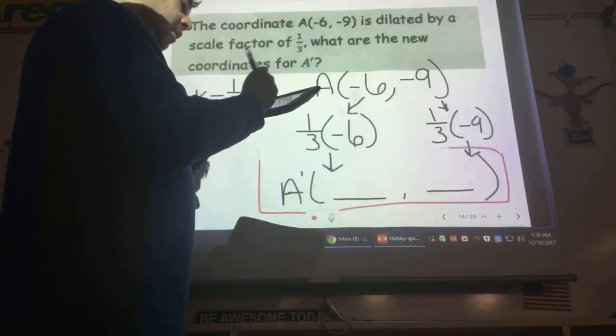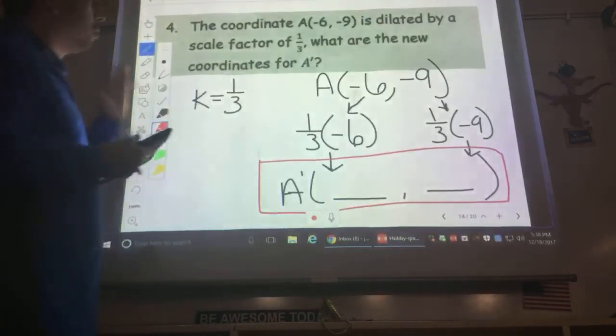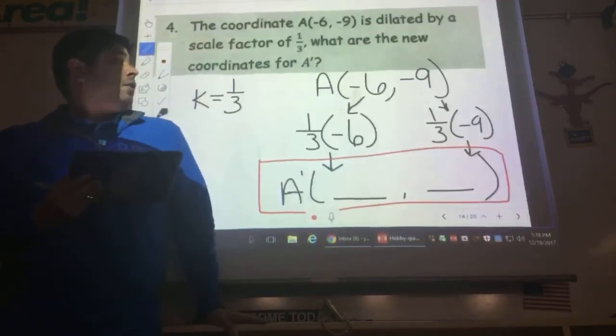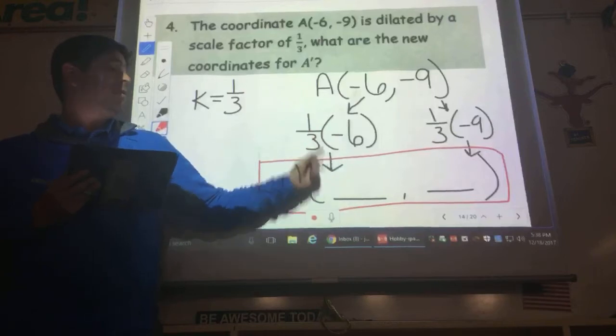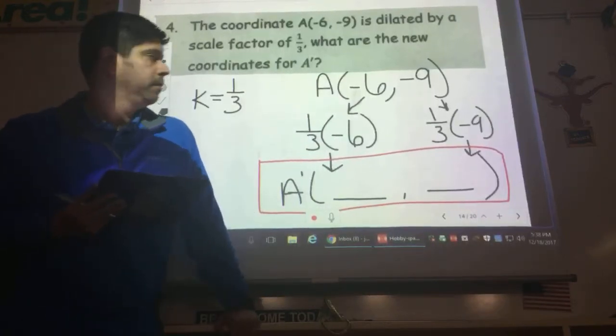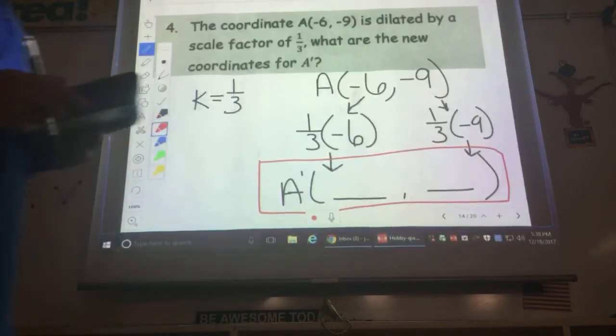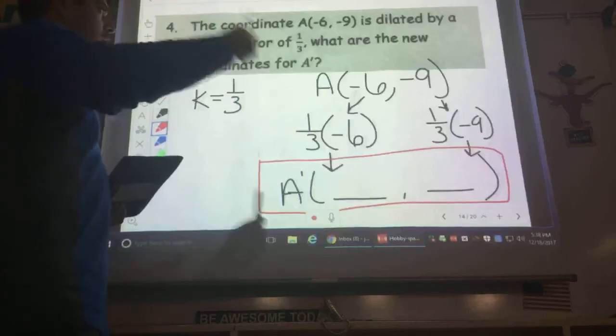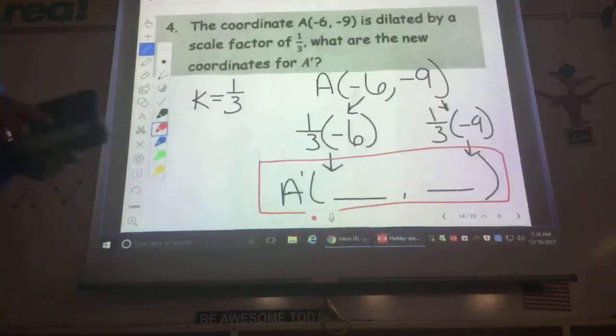And that's what this question is asking for. The new coordinate. So the new x and the new y. You need to do it with the calculator when we come back. But that's all we're doing, multiplying that scale factor. Always multiplication when we're given the scale factor. Always multiplying. All right, that was number 4.